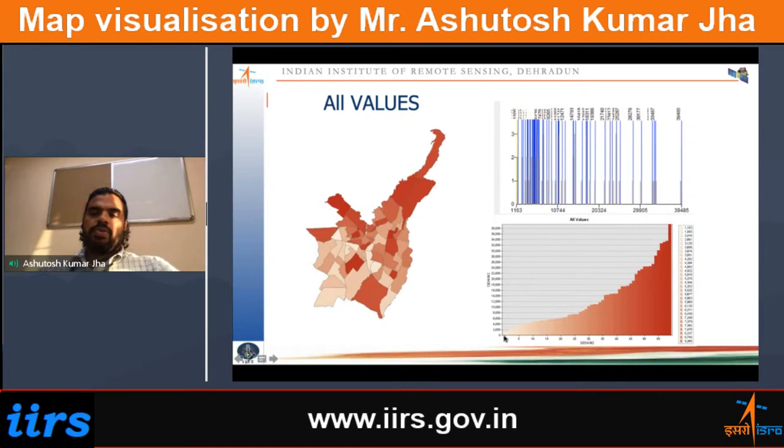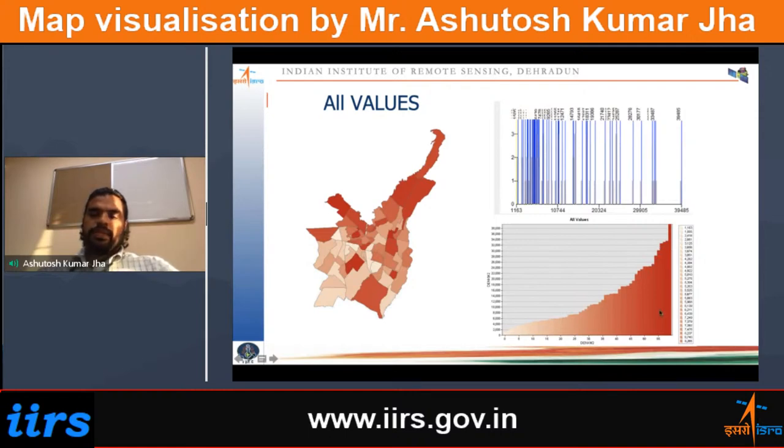If you want to find out the values, the darker tone has higher values, and the tone with lesser intensity is actually a lesser value. So as the tone increases, the corresponding value increases.